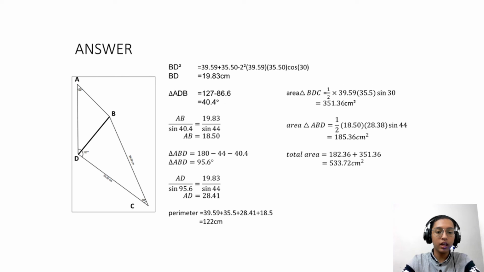After that, we can search for AB length, where AB per sin 40.4 degrees equals 19.83 per sin 44, so AB equals 18.5.